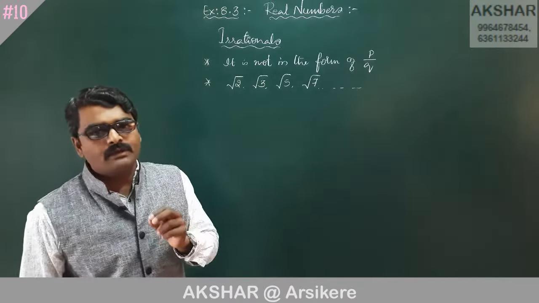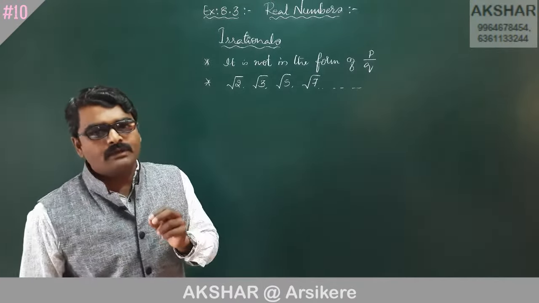Co-primes means the highest common factor of any two numbers is 1. Then such numbers are called co-primes. P and Q are co-primes. We are assuming root 2 is rational, and P and Q are co-primes. Now, squaring on both sides.